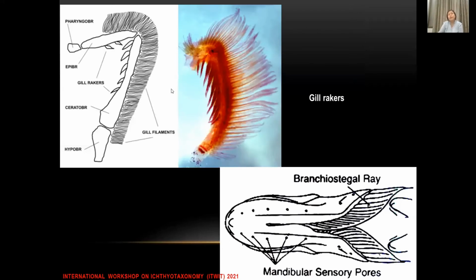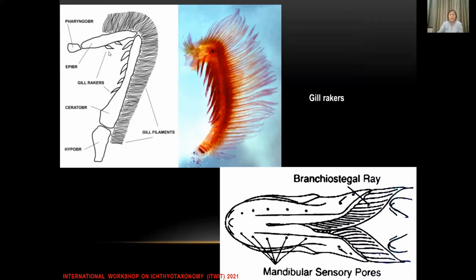Then even the gill rakers also serve as diagnostic features in some of the Sisorid catfishes. This is the picture from Glyptothorax jeremiai, and this is the redrawn picture. We can see here the gill rakers are borne on the epibranchial and the ceratobranchial.